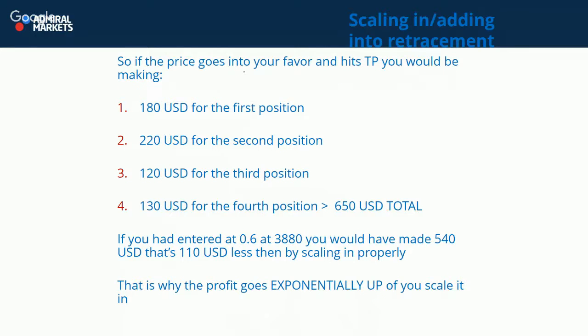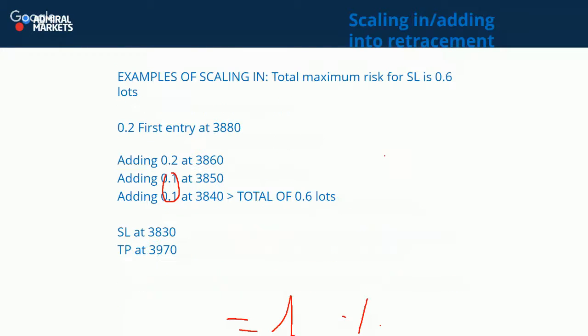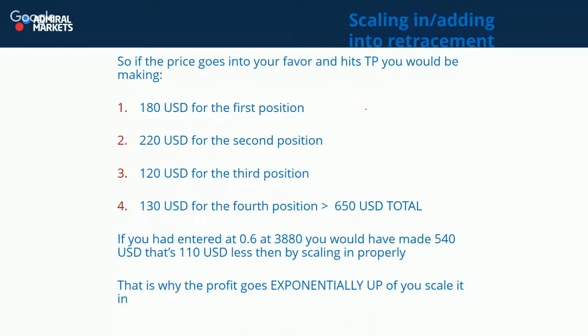Now, if the price goes in your favor and hits TP, you would be making $180 for the first position, $220 for the second position, $120 for the third position, $130 for the fourth position, right? So see, it's very simple. We use rough numbers in dollars, so pip value may be different, but let's say that we have used standard pip value.